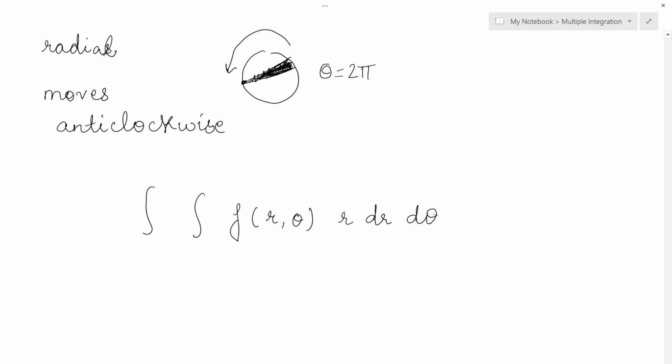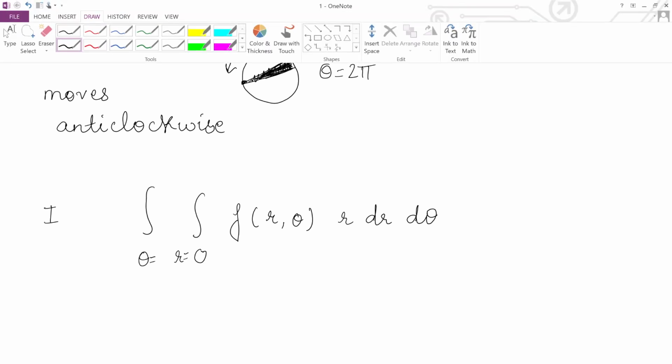This will be my integration now in the polar form. The function is integrated first with respect to r and then with respect to theta. So you can take a note of this.